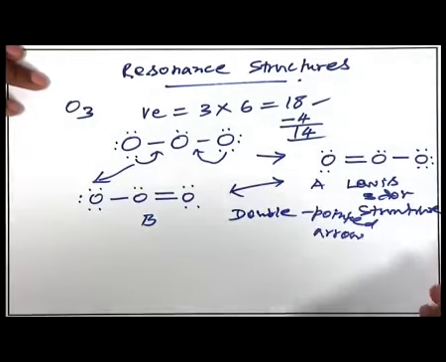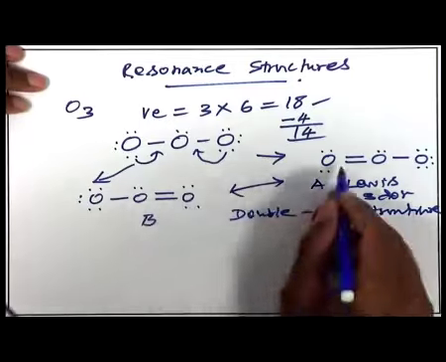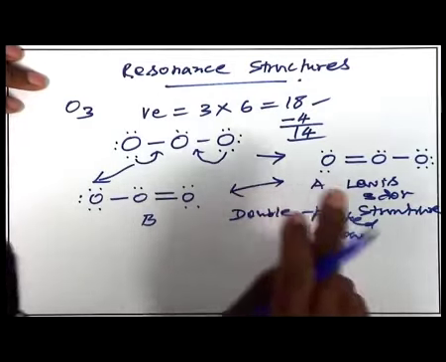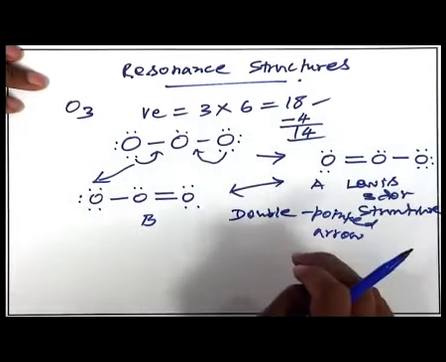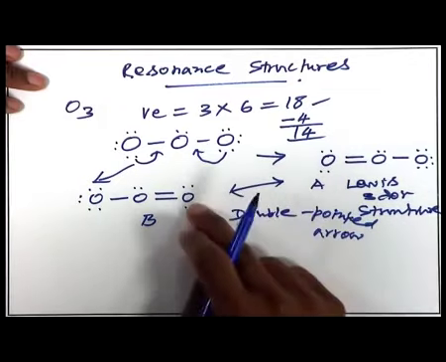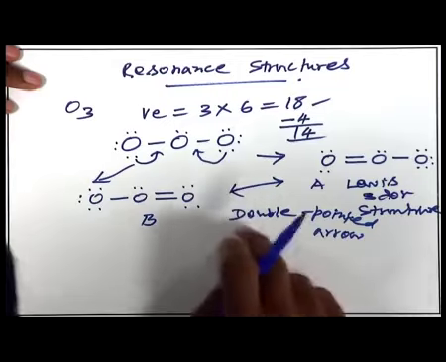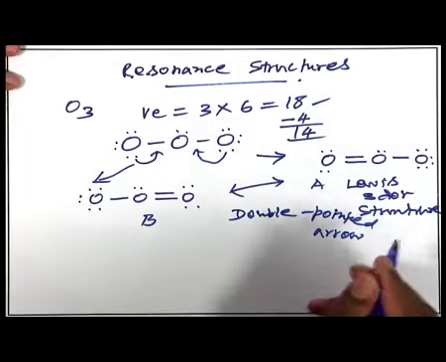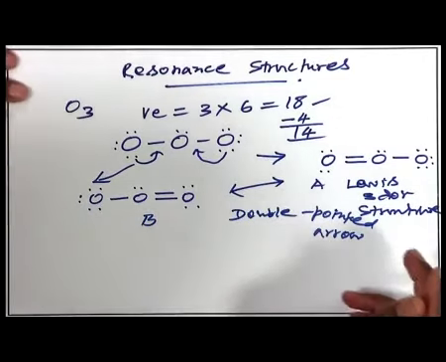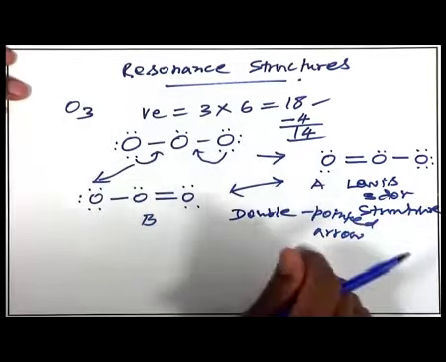These two structures are equivalent and differ only in the allocation of the number of electrons, and they are connected to each other by this type of arrow.